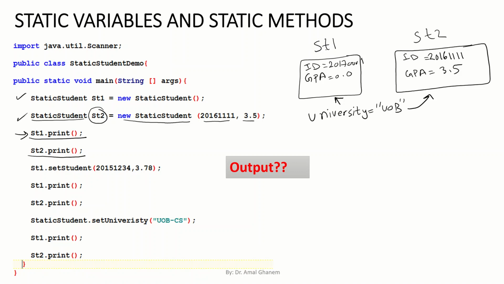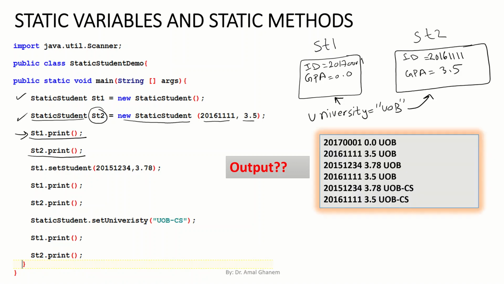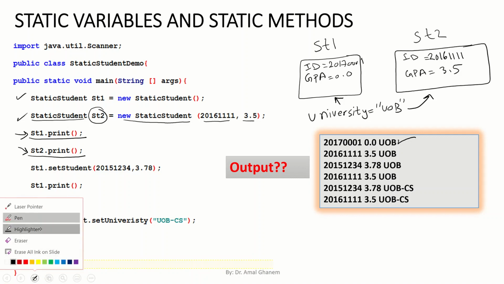What are the values inside st1? If we check the output, I have 2017 zeros 1, GPA 0.0, and the value of the university, UOB. So this is the first line we will get. When you say st2.print, the values you should have are as follows.